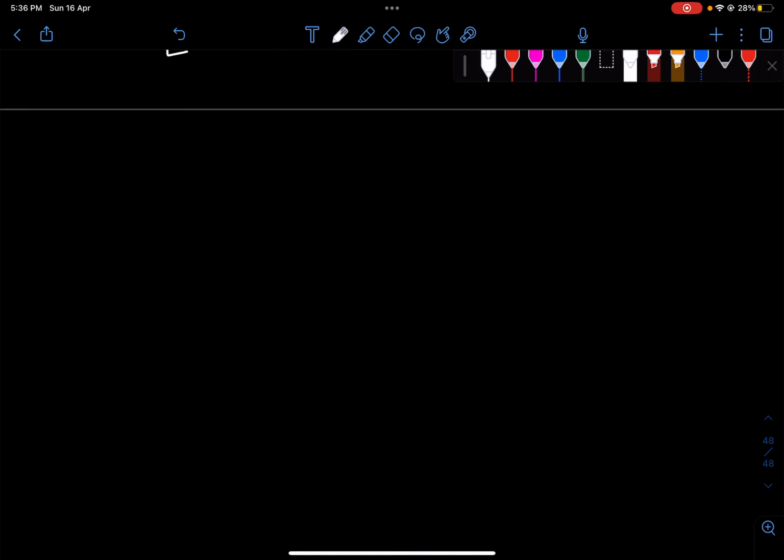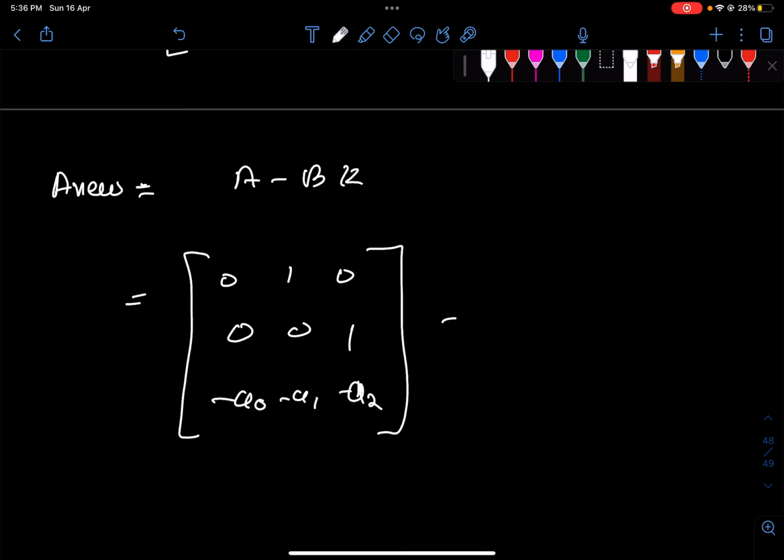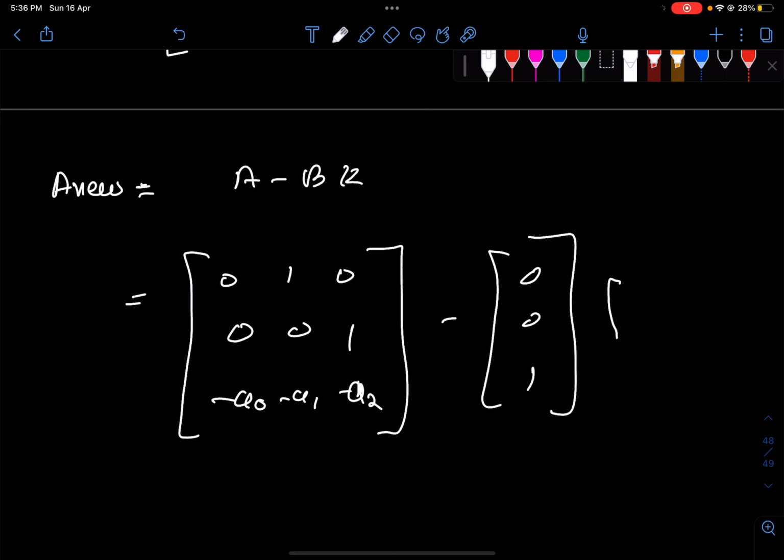So A new will be A minus BK, that is nothing but [0, 1, 0; 0, 0, 1; minus A0, minus A1, minus A2] minus [0; 0; 1] multiplied by [K1, K2, K3].